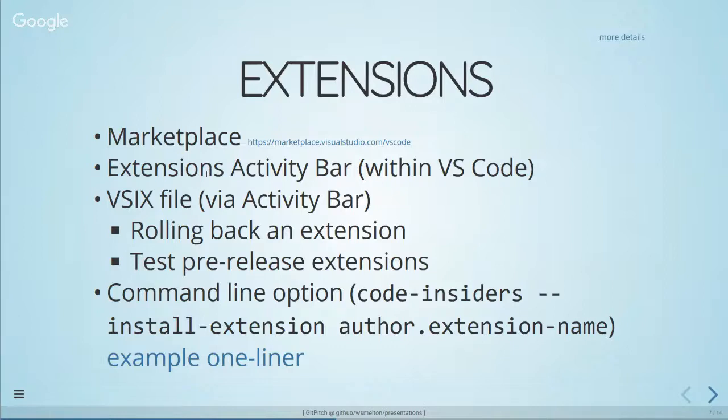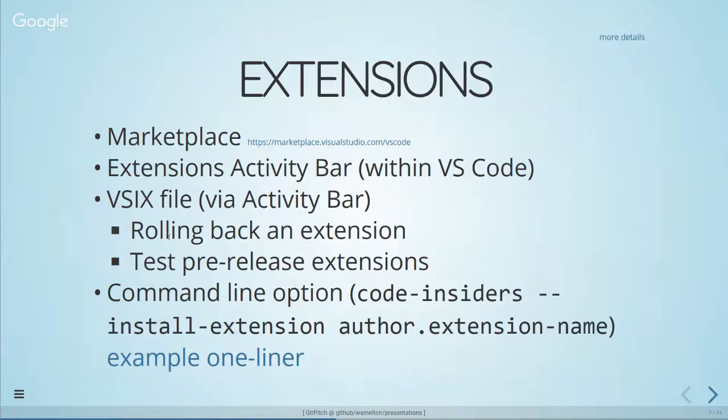This gives you the option to disable and enable them if you need to. And then you can also use VSIX files and install them more or less in a manual sense. This is the same file format that Visual Studio uses, if you're familiar with those extensions for Visual Studio. A common thing I use them for is when a new release came out for an extension, the extension updated, but it broke something, and I need to roll it back.